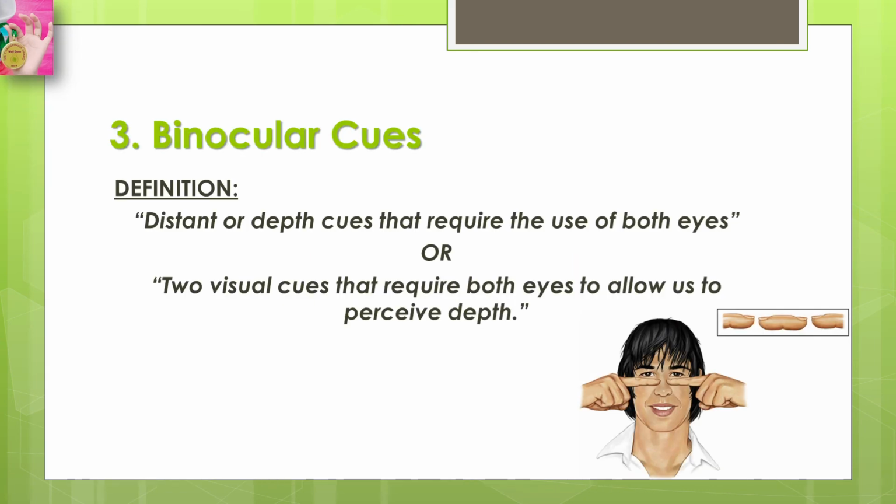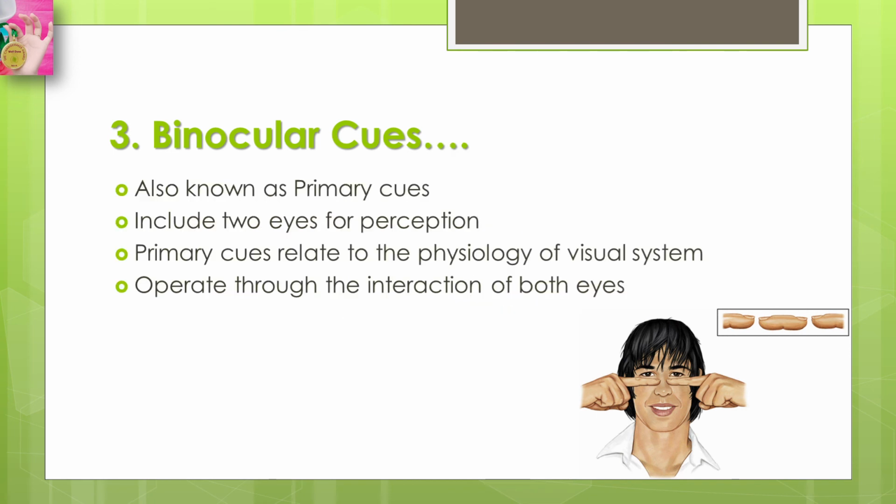The first one is distance or depth cues that require the use of both eyes, or the visual cues that require both eyes to allow us to perceive depth. Now, binocular cues, also known as primary cues, operate through a mechanism of interaction of both eyes to produce depth perception.